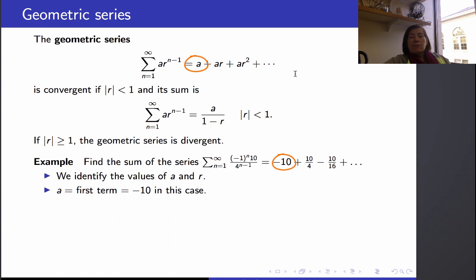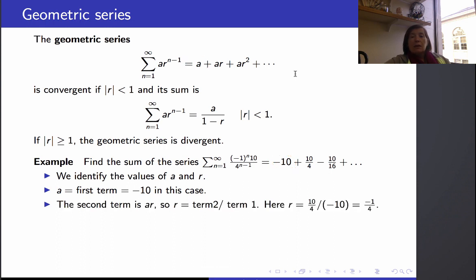A is always the first term. So in this case, a is minus 10. And notice the second term is a times r. So the second term divided by the first should give us the value of r. So we have r is equal to 10 over 4 divided by minus 10, which is minus 1 over 4.